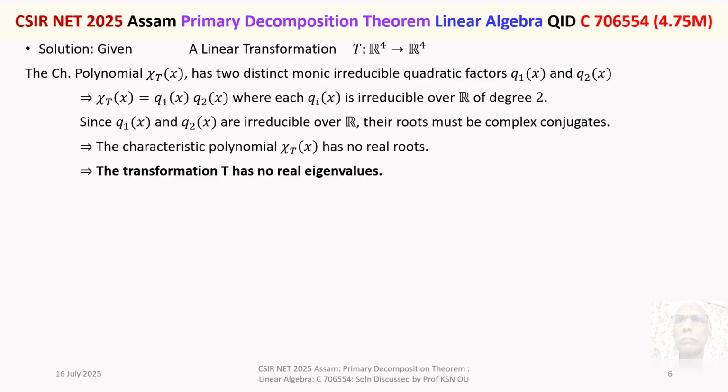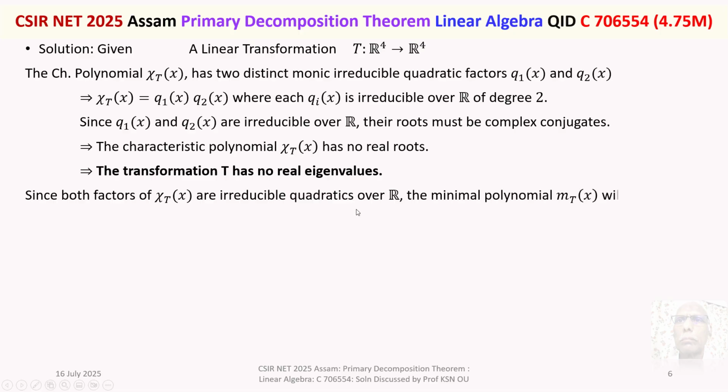Since both factors of chi T of x are irreducible quadratics over R, what can we say about the minimal polynomial m T of x?